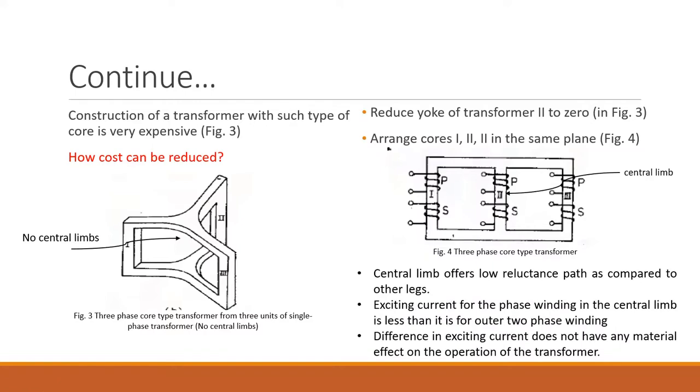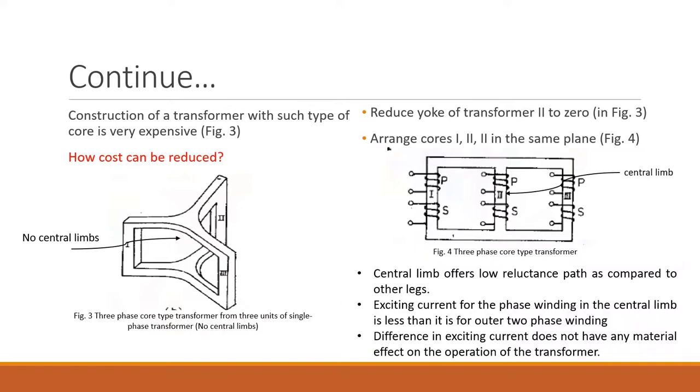So what you could observe here is that this particular central limb offers a low reluctance path as compared to the other legs. That is one of the characteristics. The exciting current for the phase winding in the central limb is less than it is for the outer two phase windings. This difference in exciting current does not have any material effect on the operation of the transformer.